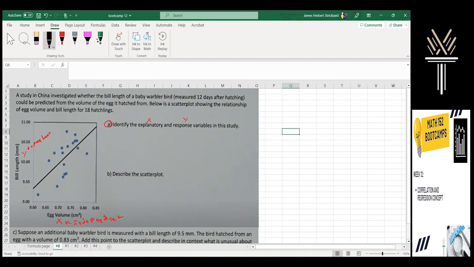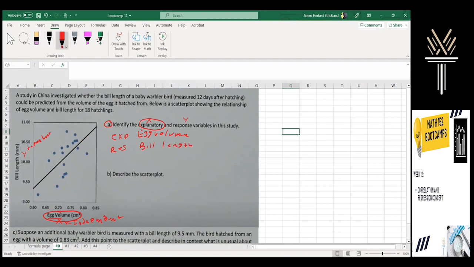You'll see. But the story that we're trying to see, the explanatory, obviously, since that's the bottom, is the egg volume. And a good thing to note is the bottom will always be your explanatory. And the response is the bill length.